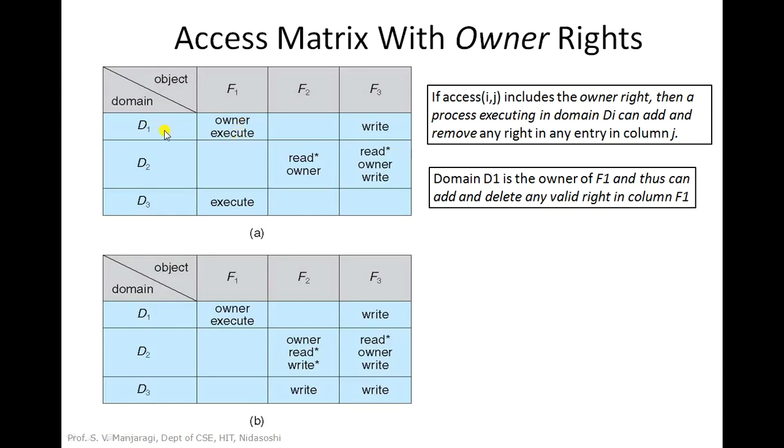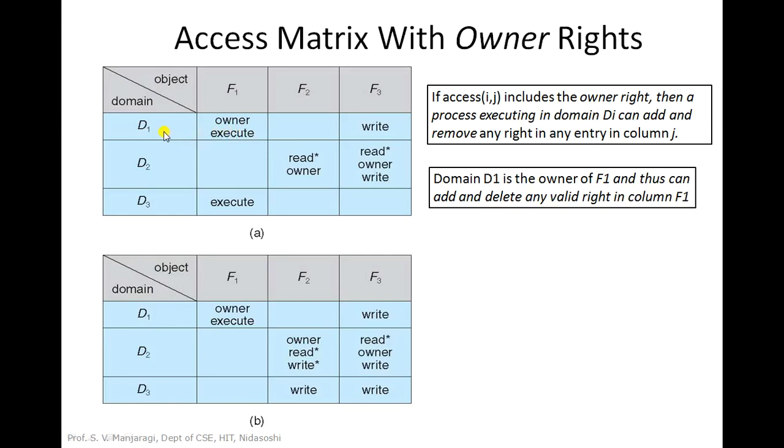That is, processes of domain D1 can execute file F1. Only the owner of the file can execute. It means domain D1 is the owner of F1 and thus can add or delete any valid right in column F1.